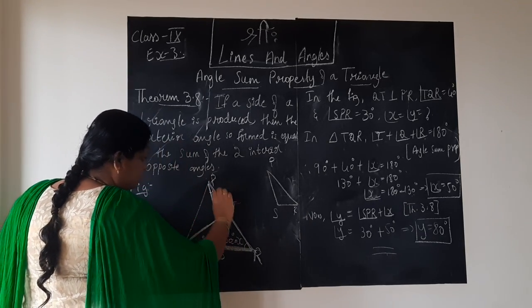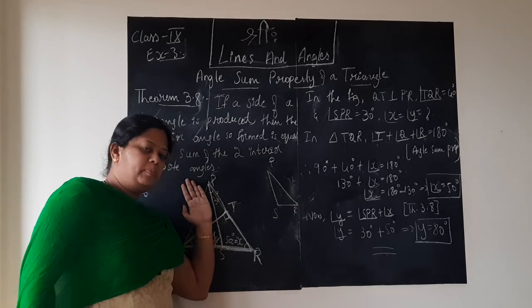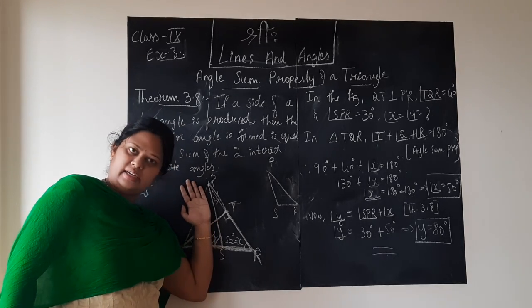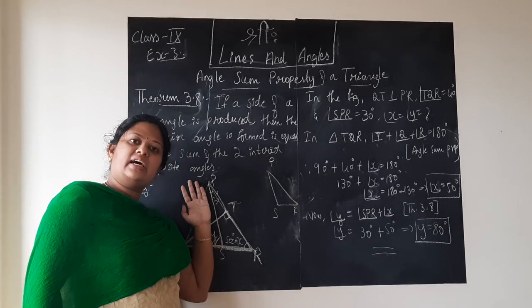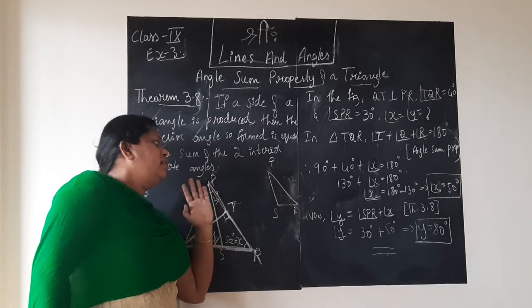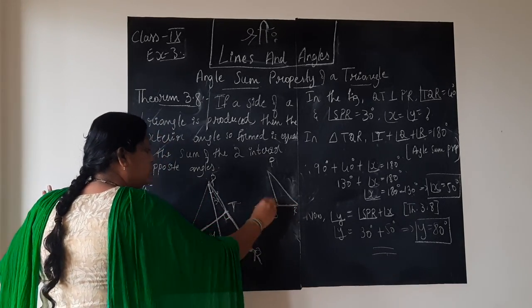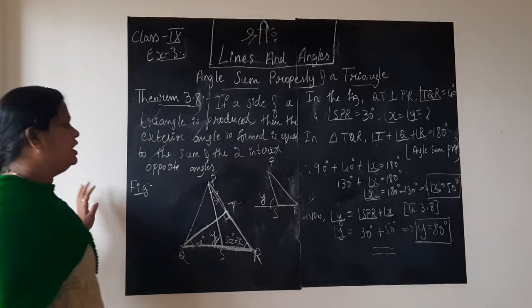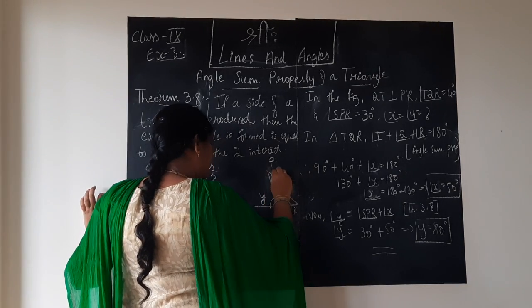This triangle. Can you see? This triangle, forget the rest. Triangle PSR I am considering now. I am producing the base of triangle PSR, that is side SR, to some length. That gives me a new exterior angle, which is labeled as Y.